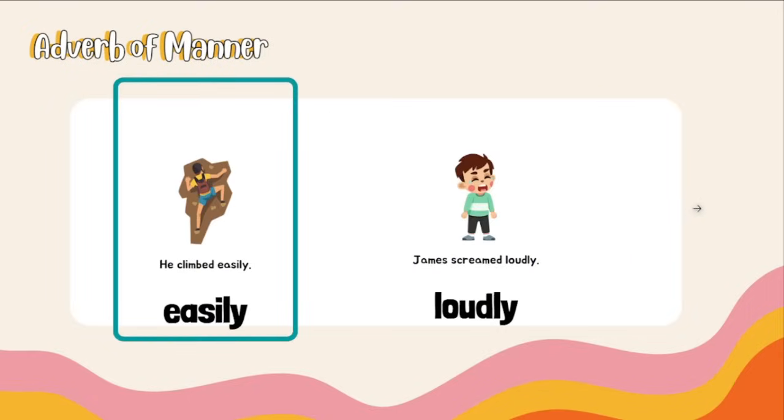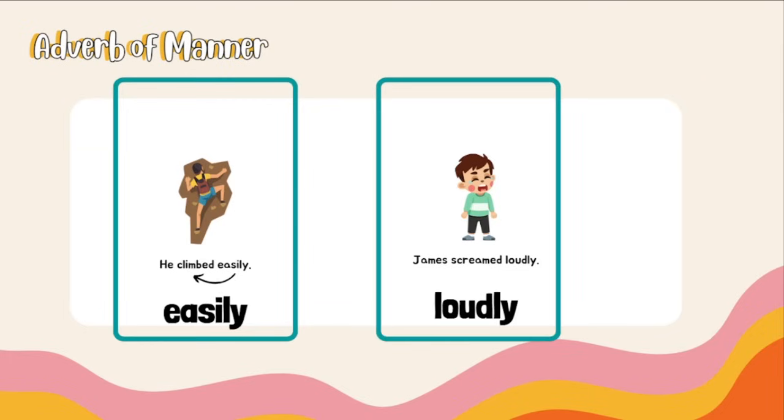Another example here is, he climbed easily. Our adverb is the word easily. It also ends with ly. So what does the adverb modify here? It modifies the word climbed. Climbed is an example of a verb.